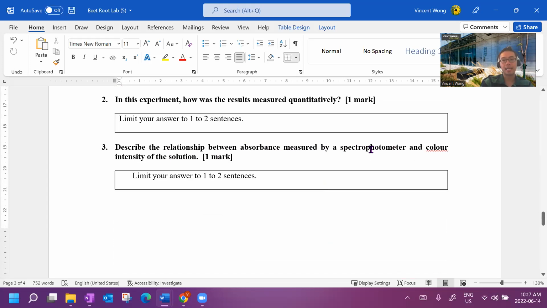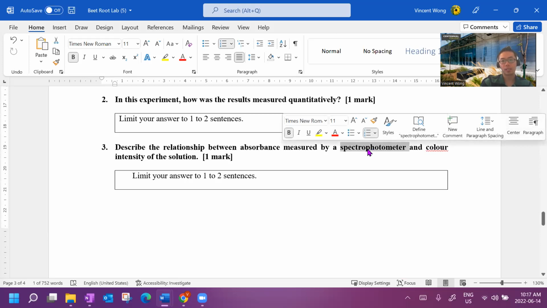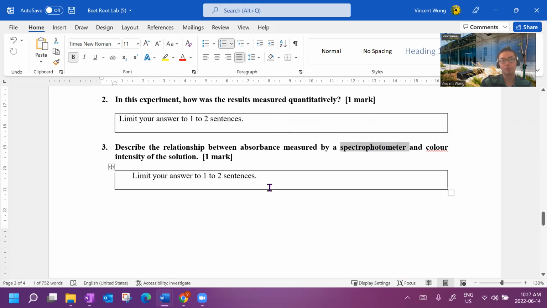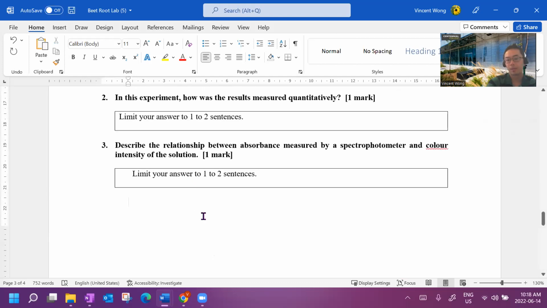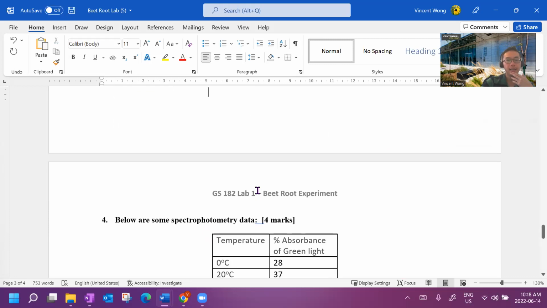I realized that in the video, the person does not use this word. They use the word colorimeter instead, which is the same thing for our purpose. But I just want to mention that. Okay, colorimeter is something that measures the color intensity. Some people spell it without a U, right? It doesn't really matter. So that's what this is asking.